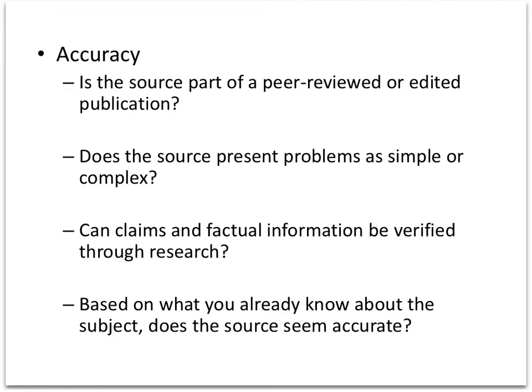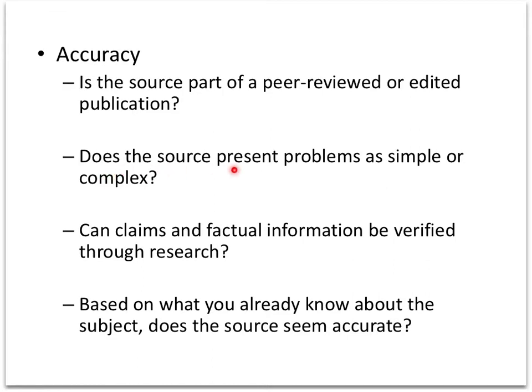If so, this means that we can safely assume that the source has lost any unfair bias that it had. The version we're reading is free of unfair bias and largely of errors. Sources that are not peer-reviewed or edited, well, we want to start questioning the sources and start double-checking.